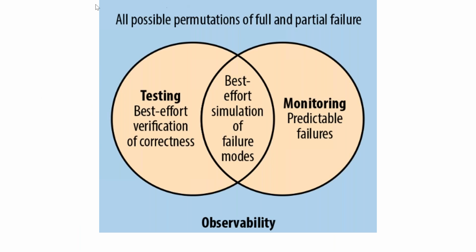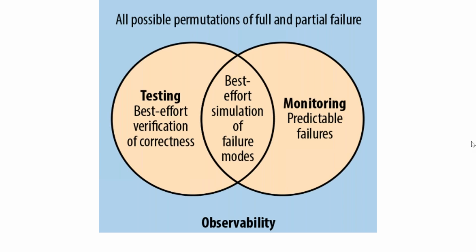So what do we do to set up observability properly? You have to work on the testing, you have to work on the monitoring, and combine the best-effort verification of correctness with monitoring of predictable failures. Combine these two together, and you can come up with a best-effort simulation of the failure modes.